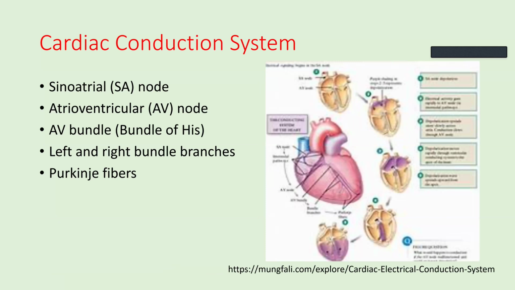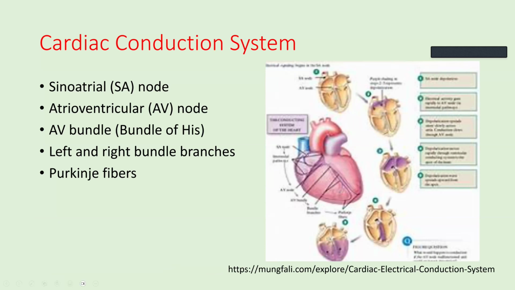Your cardiac conduction system is made up of the sinoatrial node, which I'm putting my mouse over where it is typically located right now. Your sinoatrial node is essentially your heart's main pacemaker.